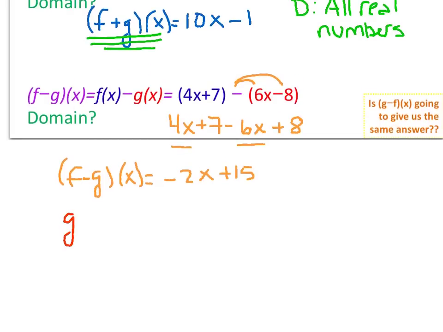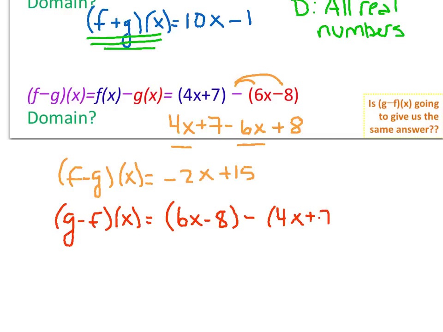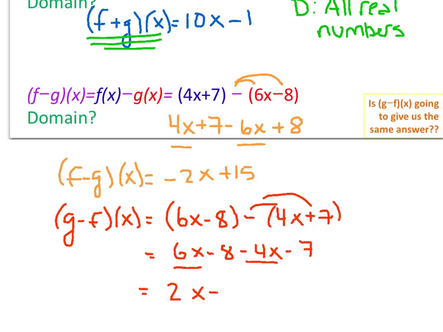So doing g minus f of x, remember to put your parentheses so I don't forget to distribute. Now combining like terms, I get 2x minus 15. So g minus f of x is equal to 2x minus 15.